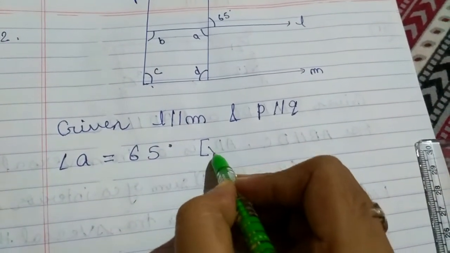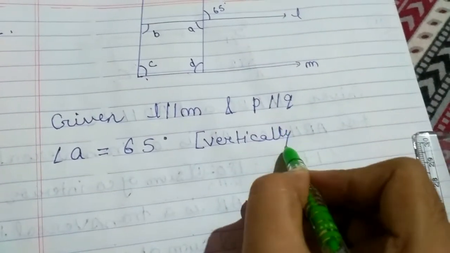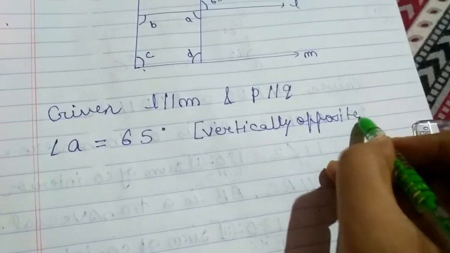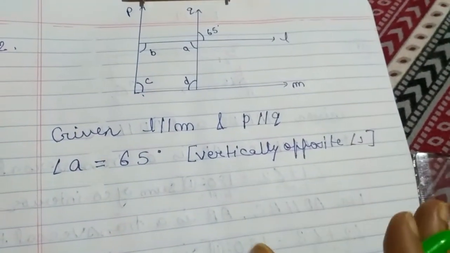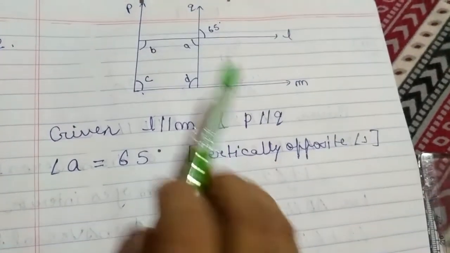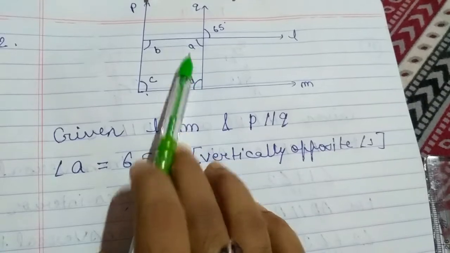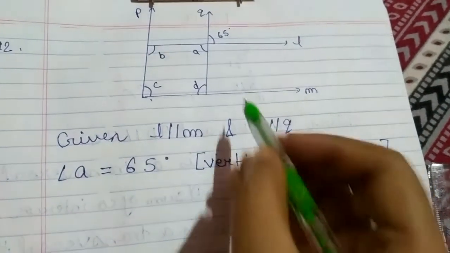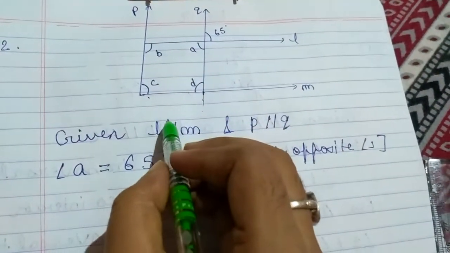By which property? Vertically opposite angles. Any problem? Now you can see A and D. What is the name of both angles? One second, I can extend it.